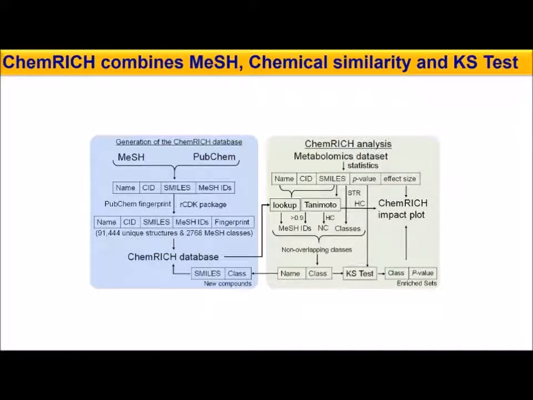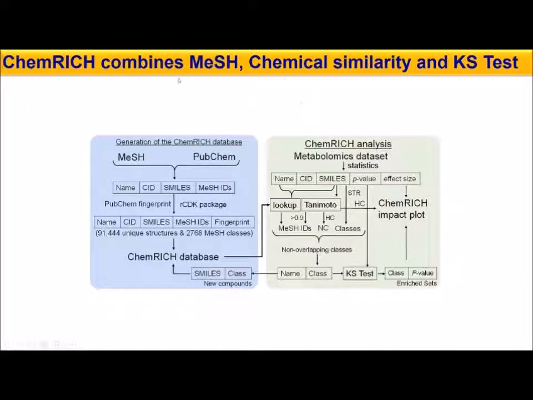ChemRICH combines Medical Subject Headings, MeSH, chemical similarity, and the KS test to build a new enrichment analysis approach for metabolomics.